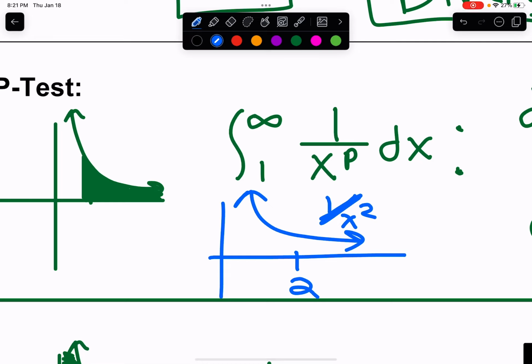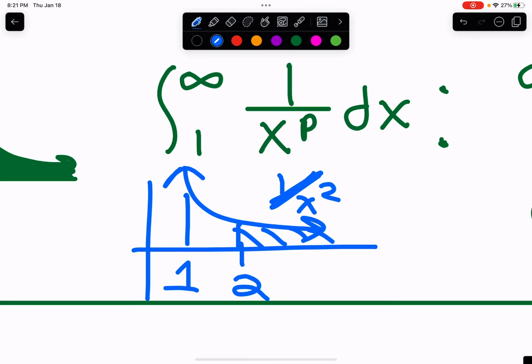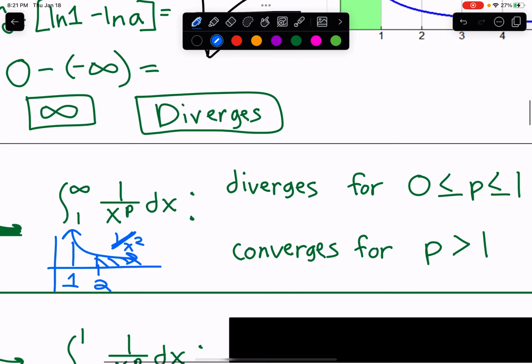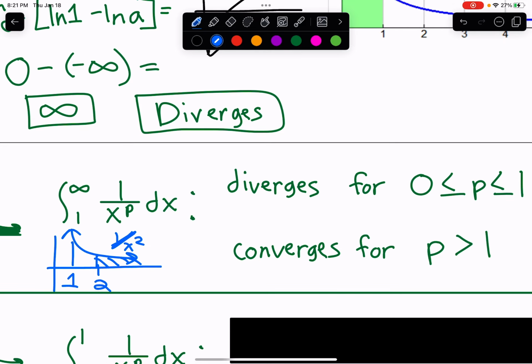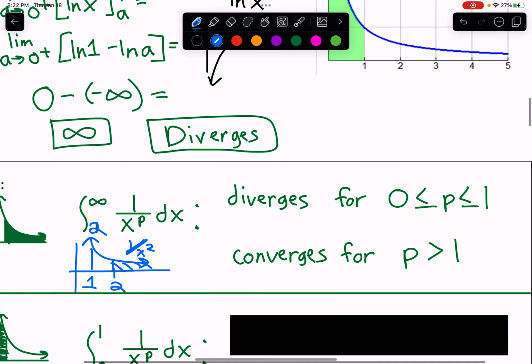That's actually less area, and so we're excluding this area from 1 to 2. But we know from the p-test and our work yesterday that when p is 2, this will converge. So what if I'm doing the integral from 2 to infinity? Actually, the rules will still work.